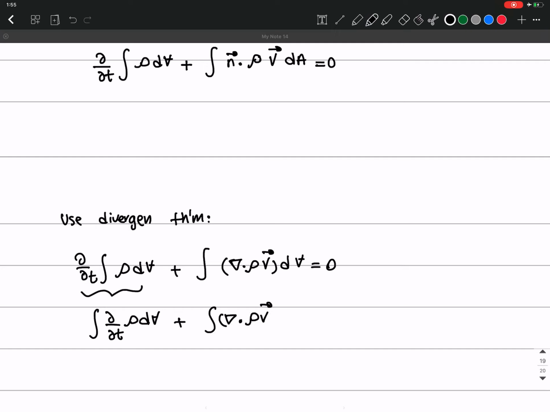Rho v dv equals 0. So again, the reason is that the only variable part is rho, since dv is fixed.